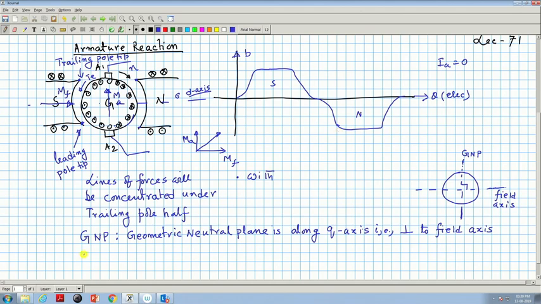And there is another term called MNP, which is called the magnetic neutral plane.